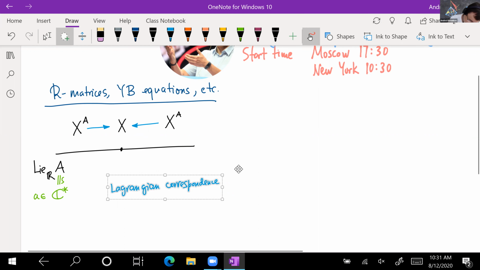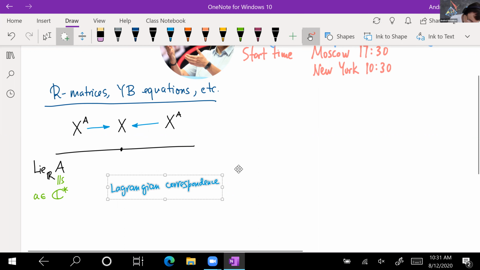Some vector space V with some label A1, tensor V with some label A2, maps to some kind of space, which we'll just denote V. And then there is a map from a different tensor product, V with A1 tensor opposite tensor product V with A2.